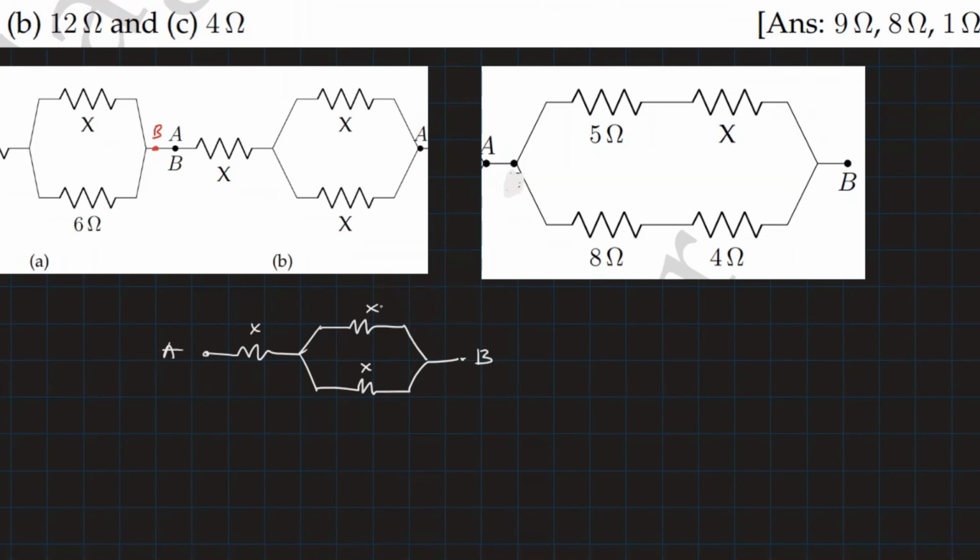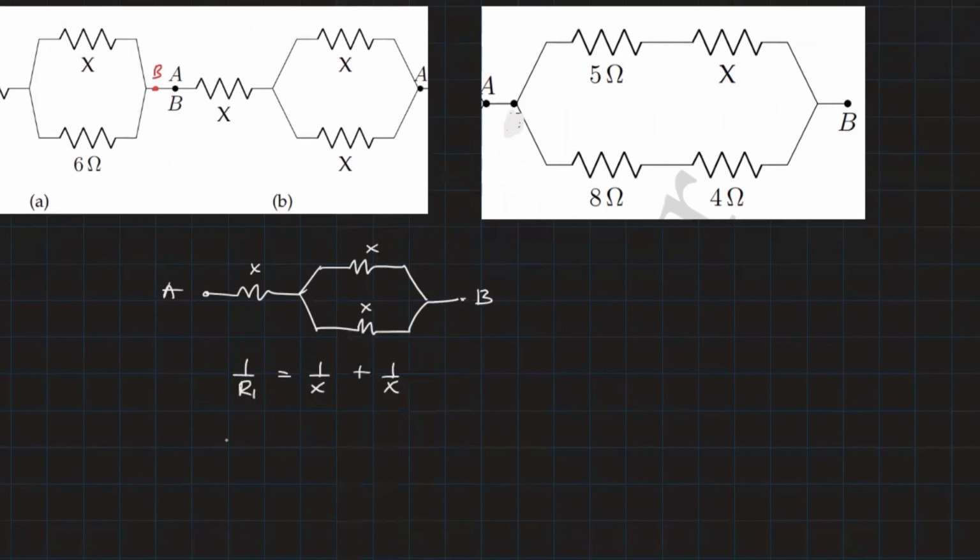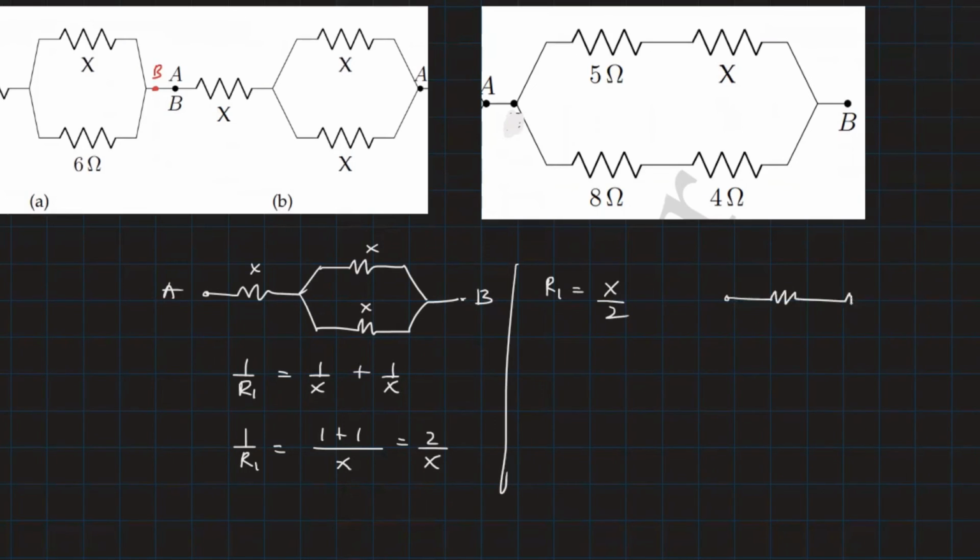When these two are in parallel to each other, let us say that their effective resistance is R1. So that is 1 by X and 1 by X. So we get the LCM as X, and this is 1 plus 1. That is 2 by X. So what we have over here is R1 as X by 2. Okay, so I can redraw this diagram as this is A, this is B, this is X, and this is X by 2.